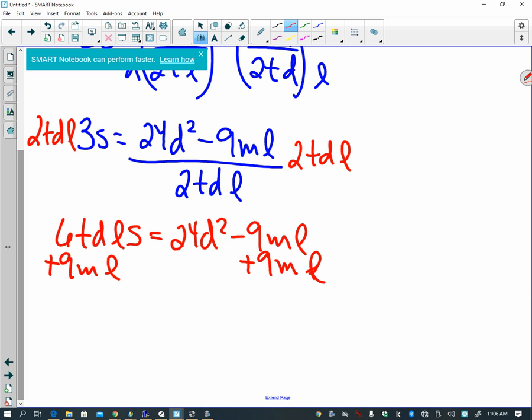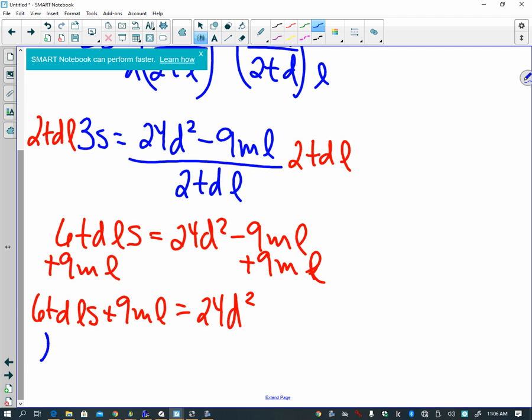That's going to give me 6TDLS plus 9ml equals 24d squared. Factor out the L, leaving me with L times 6TDS plus 9m equals 24d squared.